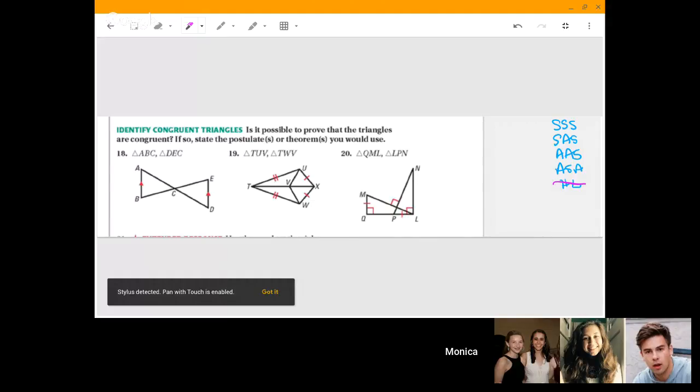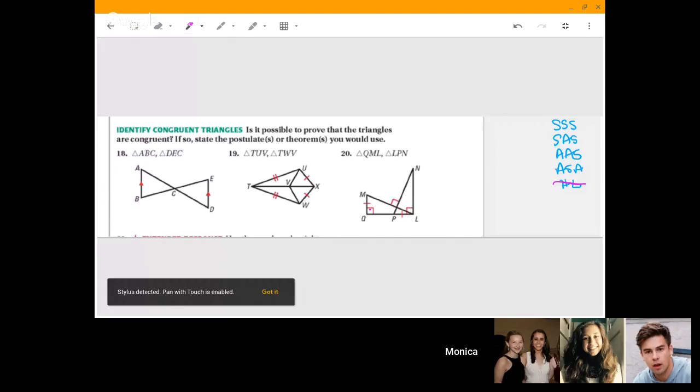If we look at these, ignoring the fact that they're right triangles, we still can only prove with a side and an angle. We don't know any other sides or really any other angles for that matter. There are no other notations that tell us that any of the angles are any specific measure.